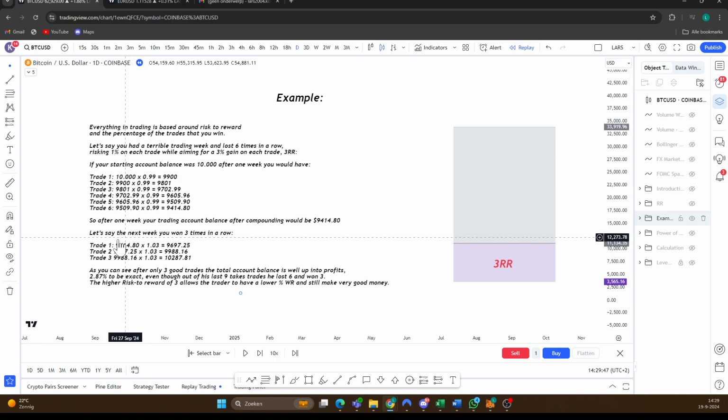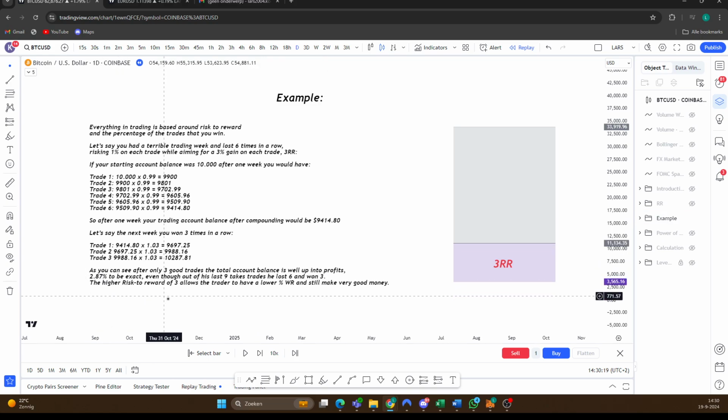Meaning if I multiply that $9,414.80 by a 3% gain, because we're risking 1% and we're aiming for a risk to reward of 3, after only 3 trades, you are back at an account balance of $10,287.81.